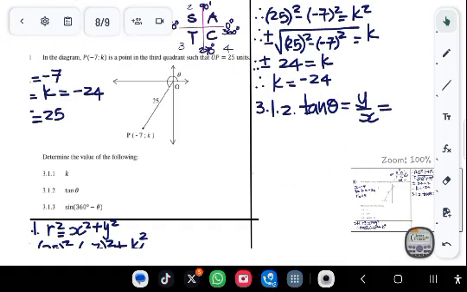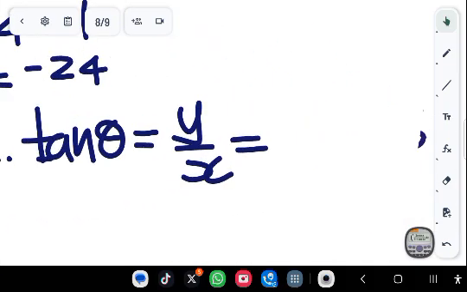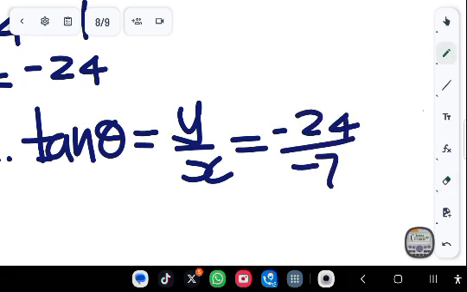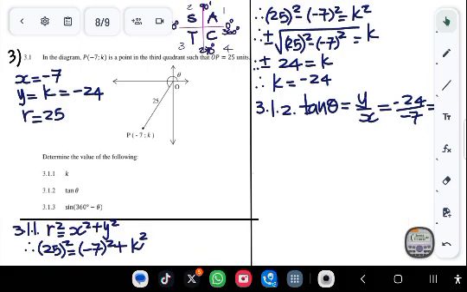Our y is negative 24 and our x is negative 7. Negative 24 over negative 7, which leaves us with 24 over 7. And that is your answer there.